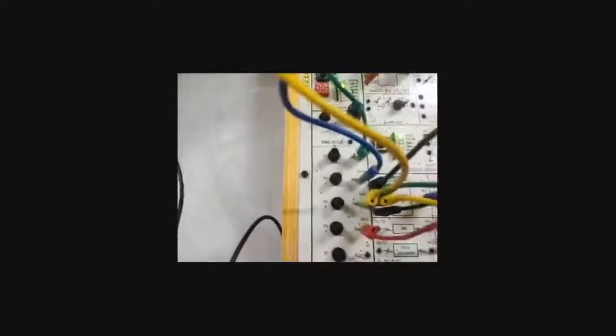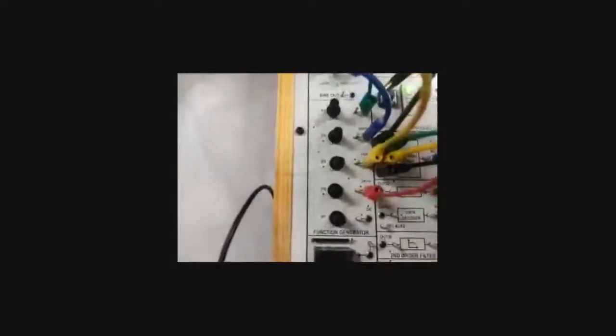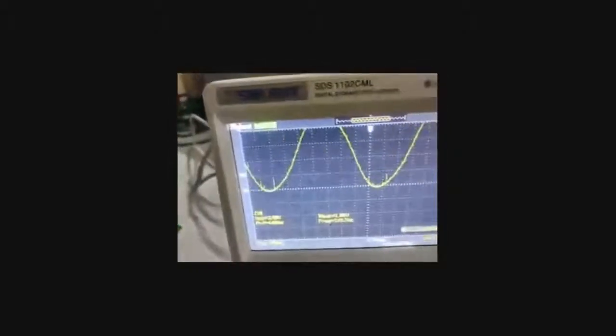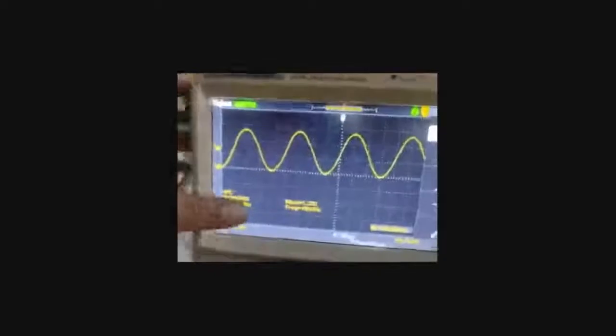Here we can observe our inputs. This one is the 250 hertz given in the function generator. Then 500 hertz, the second input.